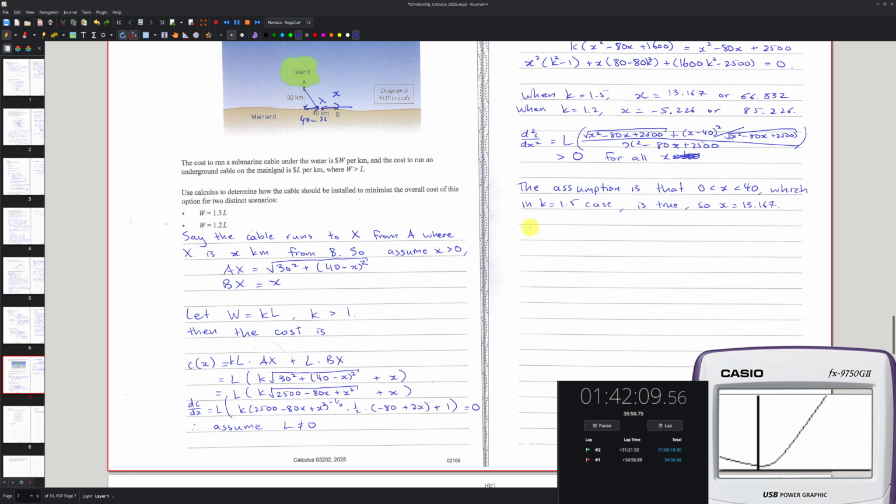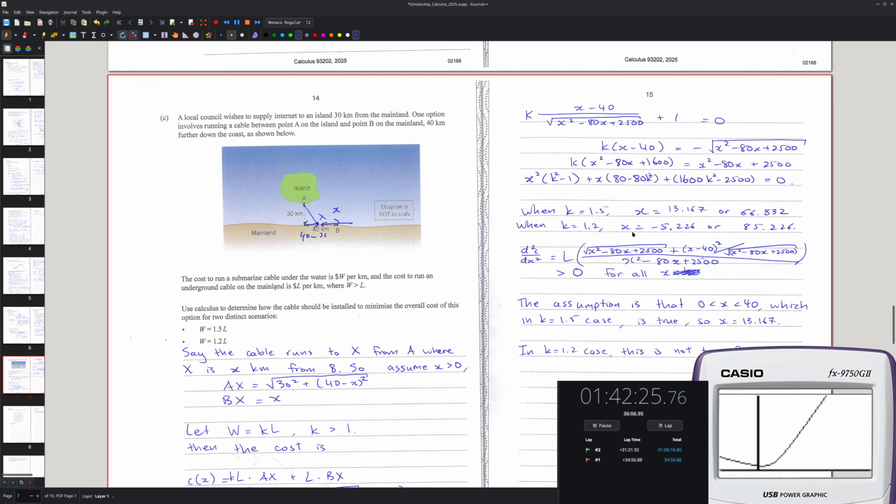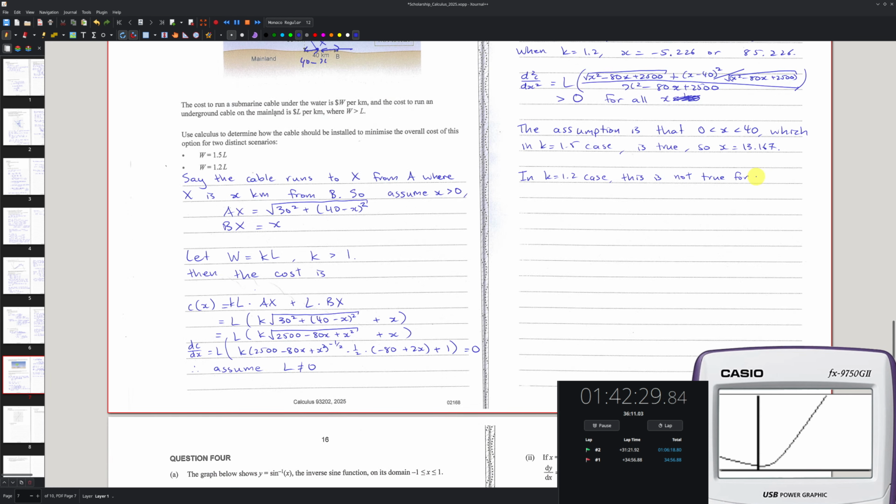In the k equals 1.2 case, this is not true for x equals negative 5.226.